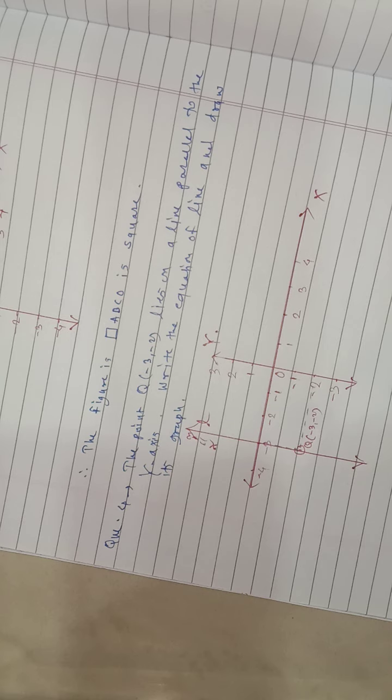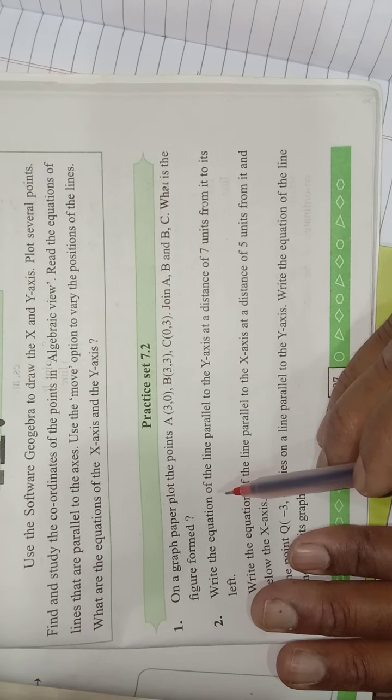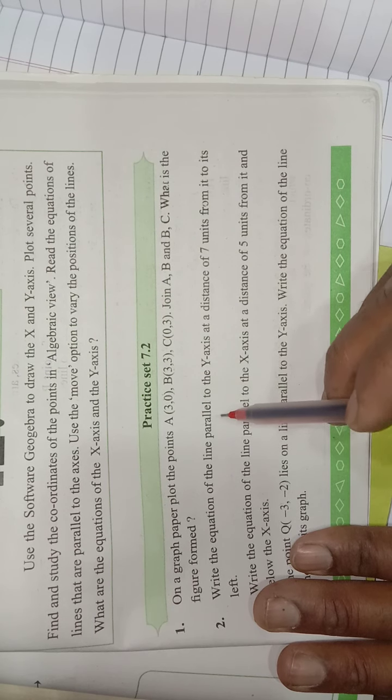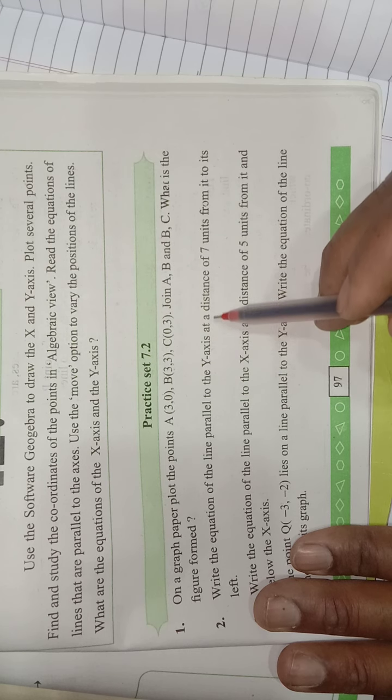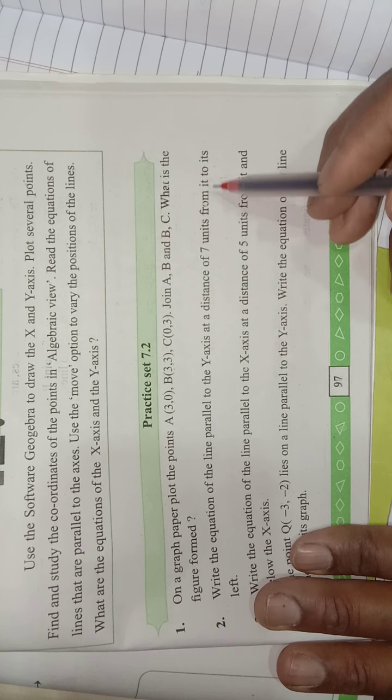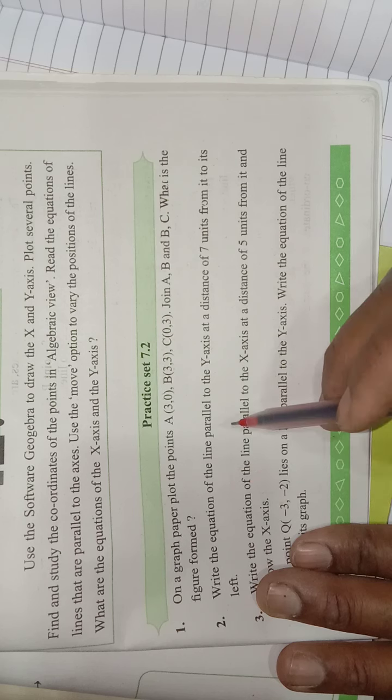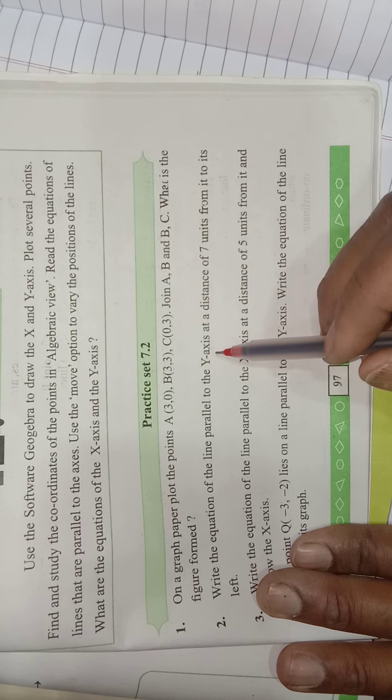Now question number 2: write the equation of a line parallel to the y-axis at a distance of 7 units from it, to its left. We need to find the equation of a line parallel to the y-axis.